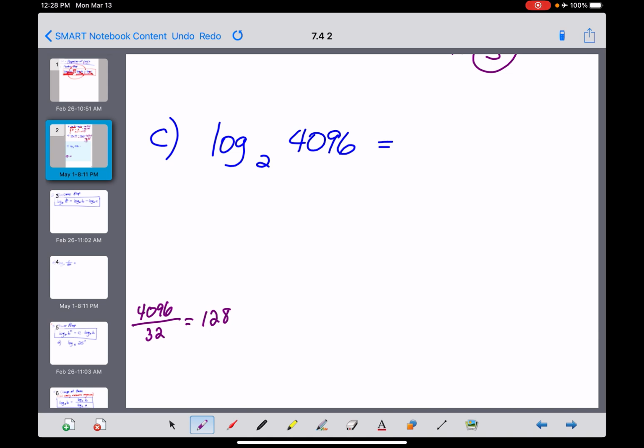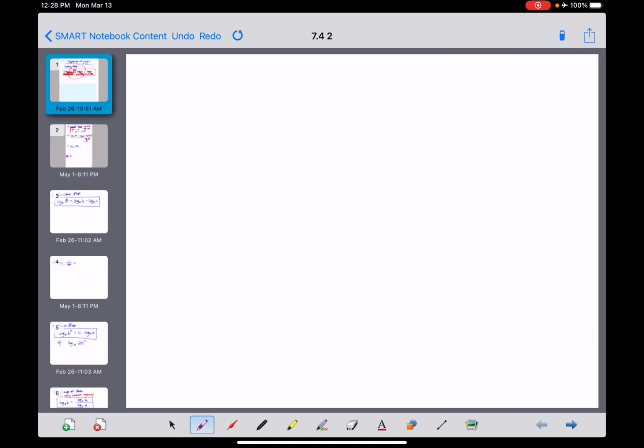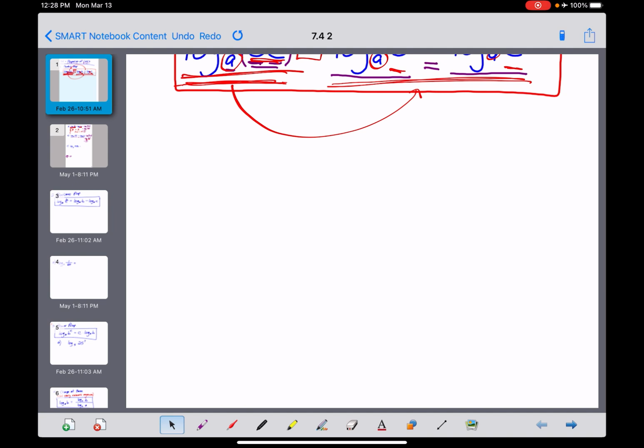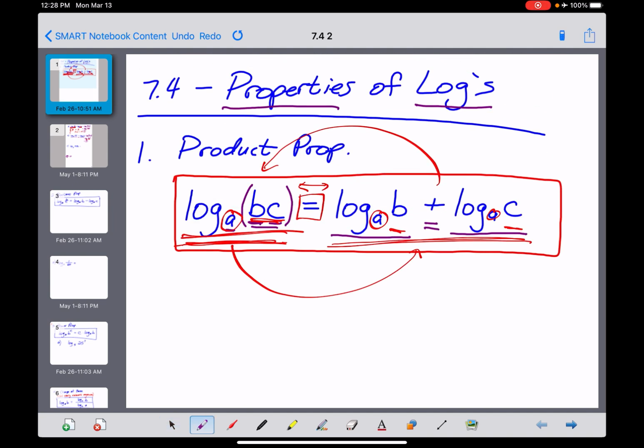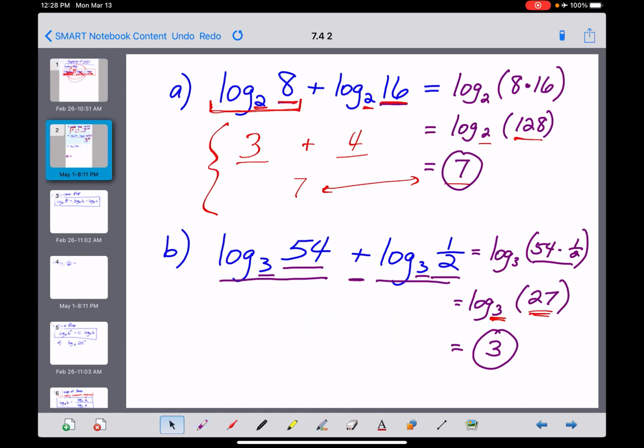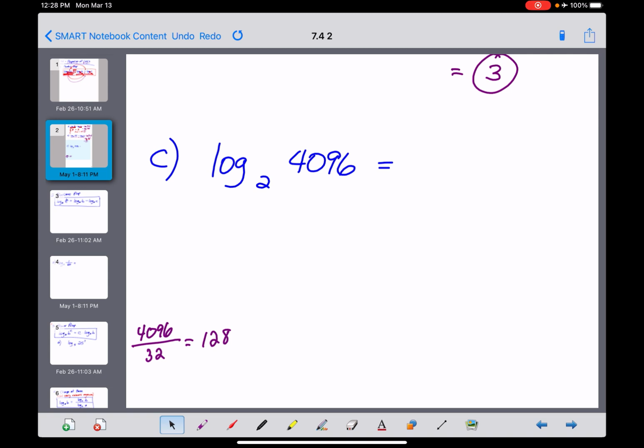So maybe I can apply this property from the first slide, oops, it disappeared, this property here in the order that it was originally written, going from one big logarithm into the sum of two smaller logarithms. So let's see what we can maybe do here, guys.